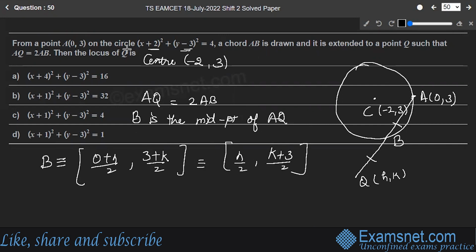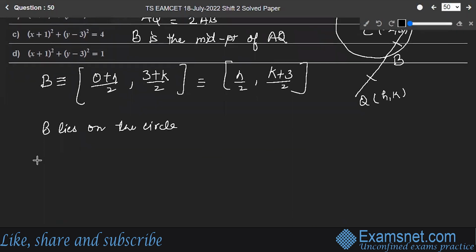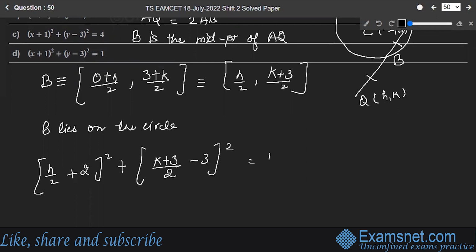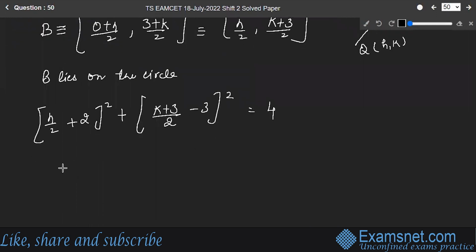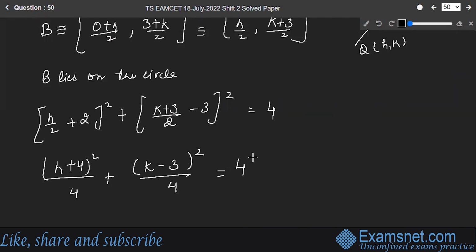Right? Now it is said chord AB, that means B lies on the circle. So if B lies on the circle, then it will definitely satisfy this particular equation. Let's fill in the coordinates. It will be (h by 2 plus 2) whole square plus ((k plus 3) upon 2 minus 3) whole square is equal to 4, which gives you (h plus 4) whole square upon 4 plus (k minus 3) square upon 4 is equal to 4.